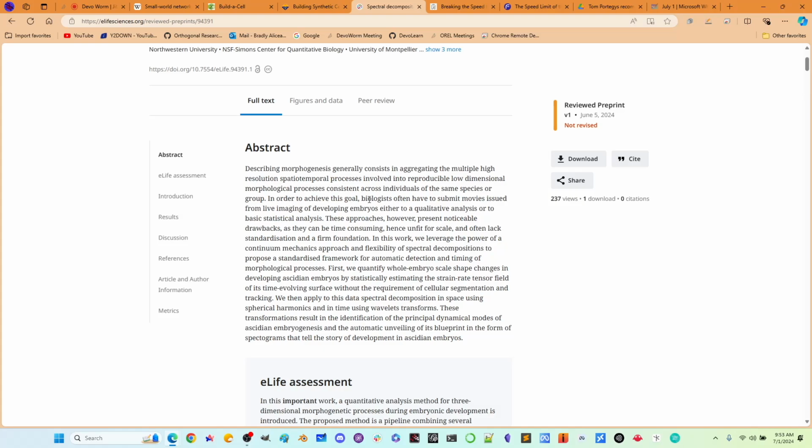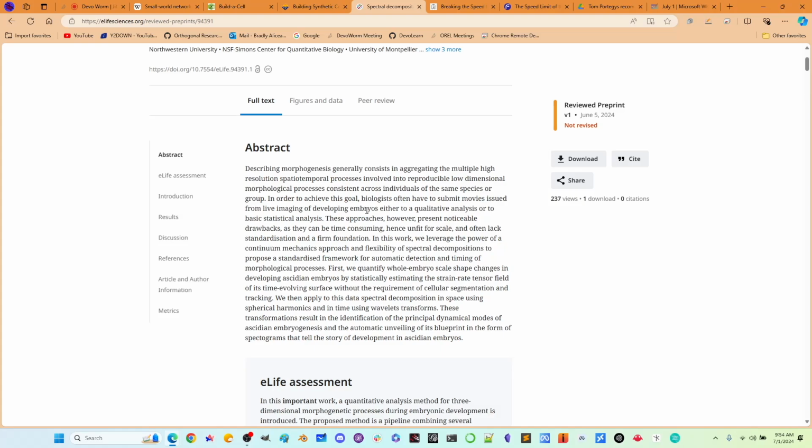In order to achieve this goal, biologists often have to submit movies issued from live imaging of developing embryos. So this is kind of the standard that people use. We take microscopy movies a lot, and those are usually the most informative ways to look at morphogenesis. We certainly do that with C. elegans, and what we do when we want to do machine learning is we take those movies, take them frame by frame, and train the model on those movements or whatever that we're looking at.